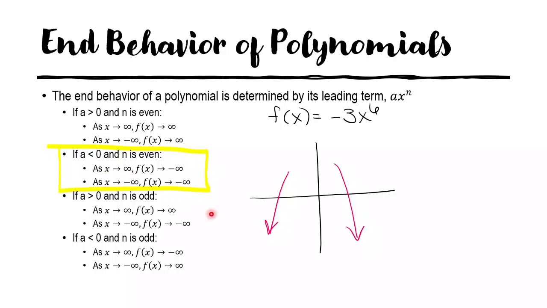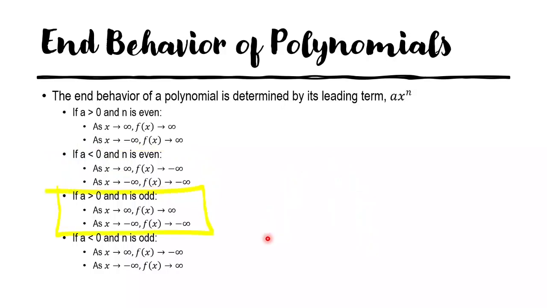As x goes to infinity, so on the right side of the graph, f of x goes to negative infinity. The arrow goes down. As x goes to negative infinity, f of x goes to negative infinity. On the left side, the arrow goes down. Okay, so even exponents, either both ends go up or both ends go down.